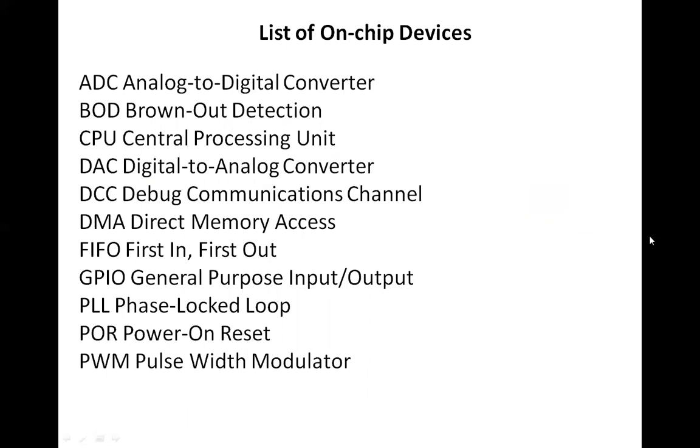So here you can see these on-chip peripherals like ADC, analog to digital converter, then brown out detection, BOD, then a CPU, central processing unit, then a digital to analog converter, then debug communications channel, direct memory access controller, first in first out, GPIOs, PLL, power and resets, PWM, pulse width modulator.